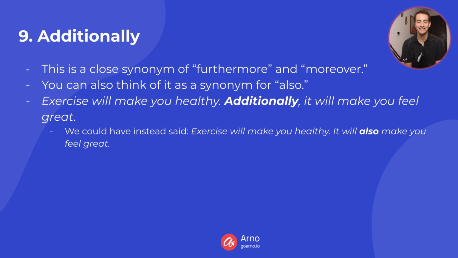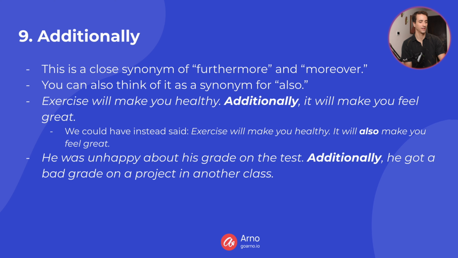We could have instead said that exercise will make you healthy. It will also make you feel great. However, additionally is a more advanced word, and if you use it, you will probably get more points instead of using also. Here's another example. He was unhappy about his grade on the test. Additionally, he got a bad grade on a project in another class.